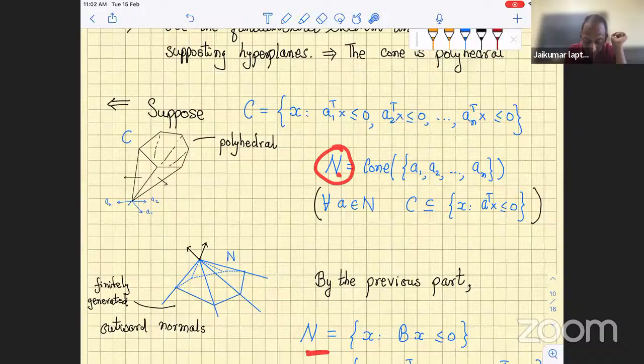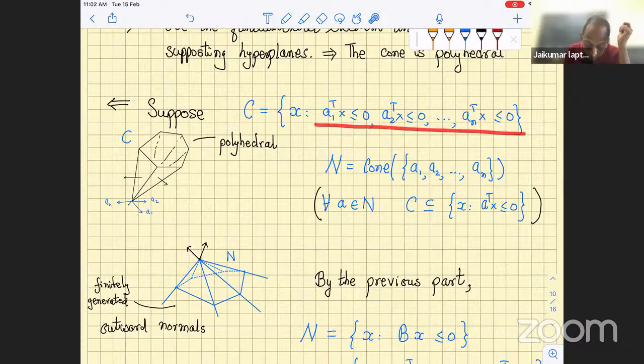But every element of the original cone has non-positive dot product with every AI. Hence, every element of C has non-positive dot product with every element of N, because every element of N is just a non-negative linear combination of these.